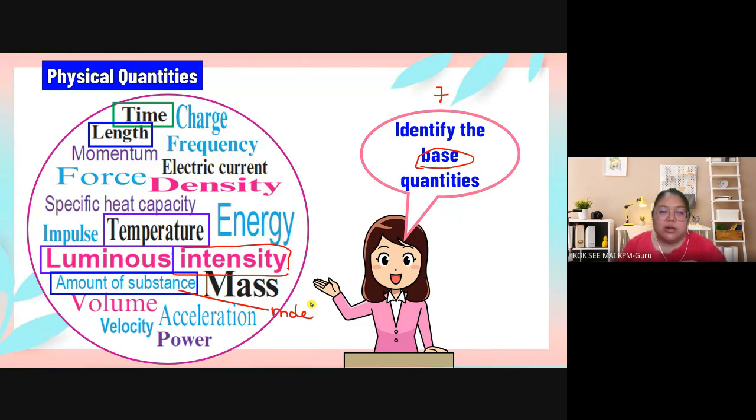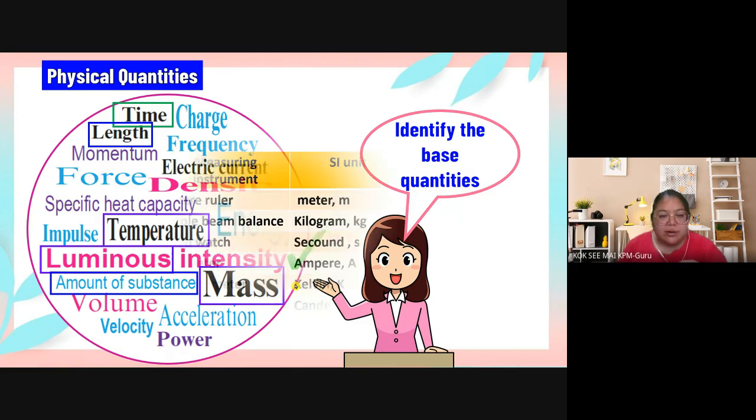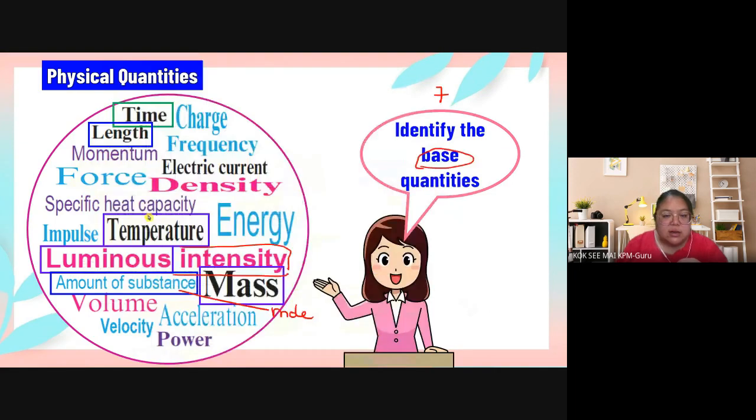Okay, and the last one is mass. Okay, and electric current. I think electric current, yes. Okay, wait. 1, 2, 3, 4, 5, 6.